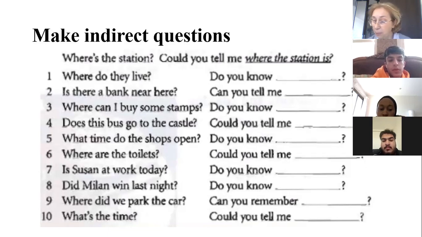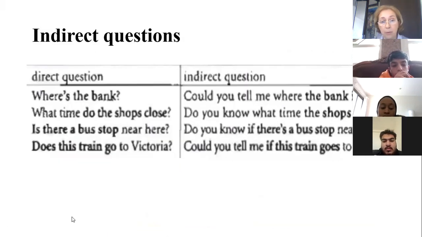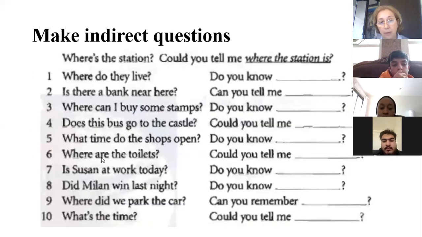So the next sentence is for Lina. It's the sixth, is it number 6? Right. Okay. Where are the toilets? It would be, could you tell me where the toilets are? Exactly. Good. Very good. So first we use the noun, the toilets, and then the verb are moves there. Okay.